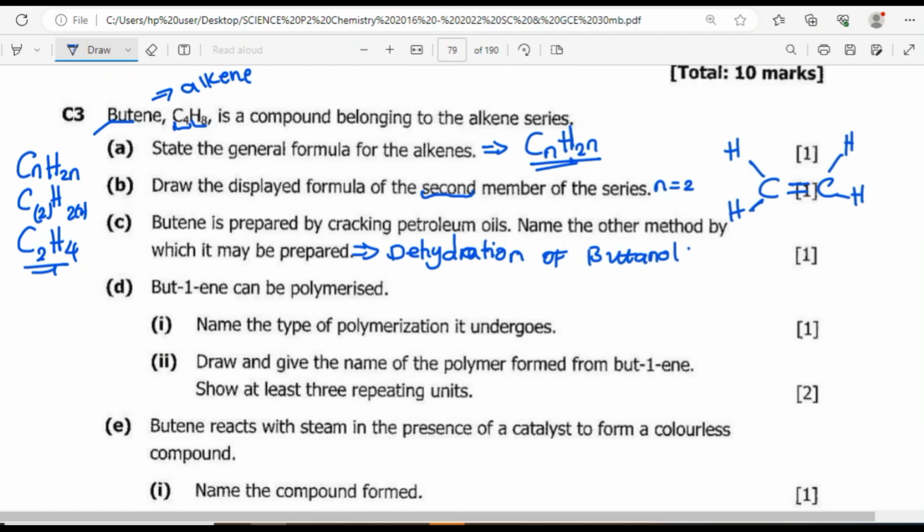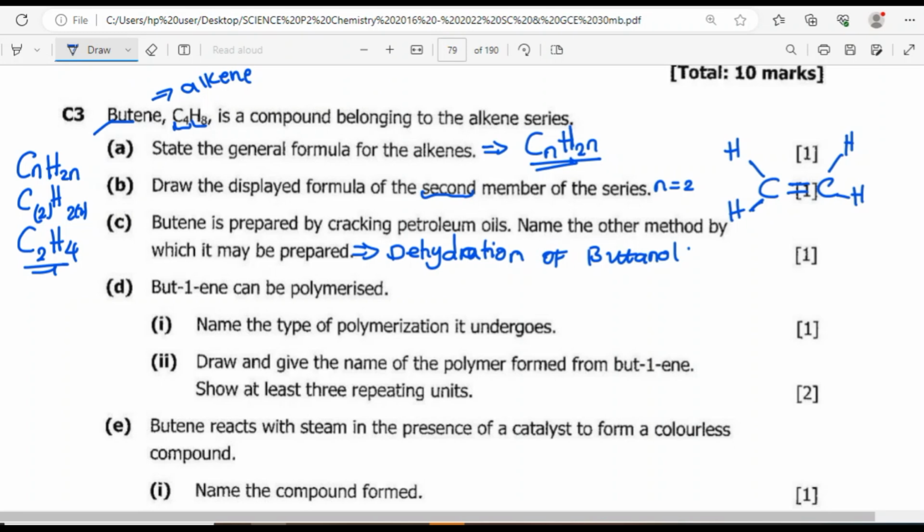What is butanol? Butanol is an alcohol. Then what is dehydration? What happens if you remove water from a butanol? Whenever you remove water from an alcohol, you form an alkene. So we can form that in such a way.